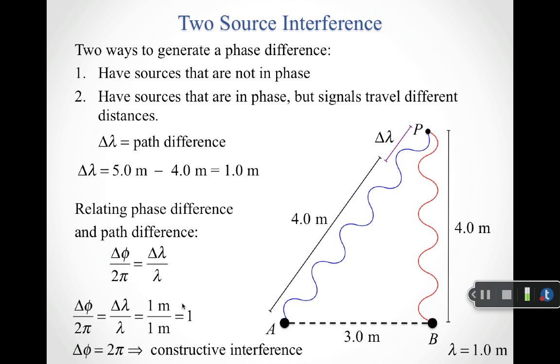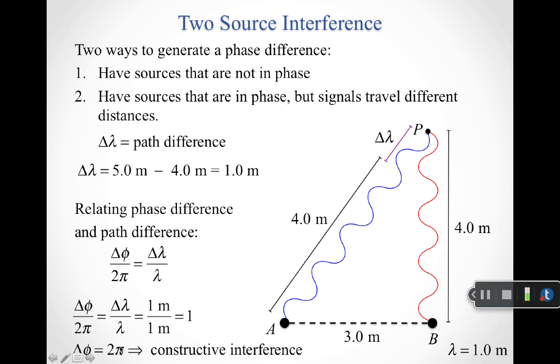So in this case, given that my wavelength is 1 meter, my path difference is 1 meter. So when I look at this ratio here, it's just 1 meter over 1 meter, which is 1. So to get the phase difference, I just need to multiply this value times 2 pi. In this case, that gives me 2 pi.